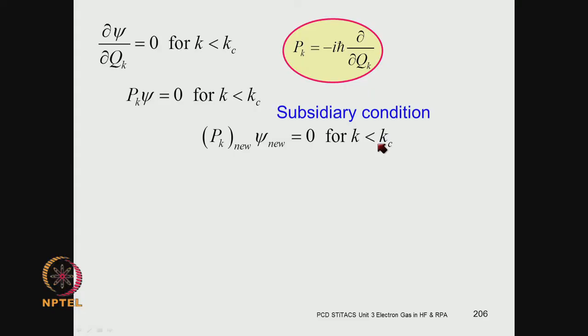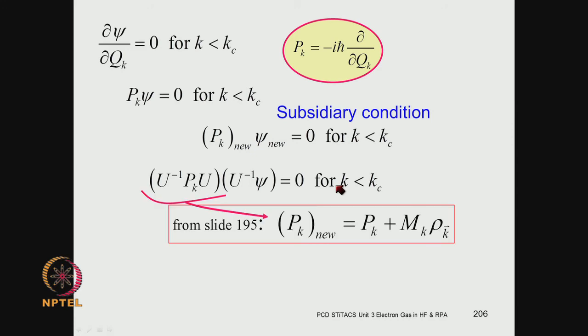So, this relation will remain invariant for k less than k_c. So, let us write p_k nu as u inverse p_k u and psi nu as u inverse psi. So, this is our result that we get. Now, this is a very useful result. This is nothing but p_k nu. We have obtained an explicit form for this, right.